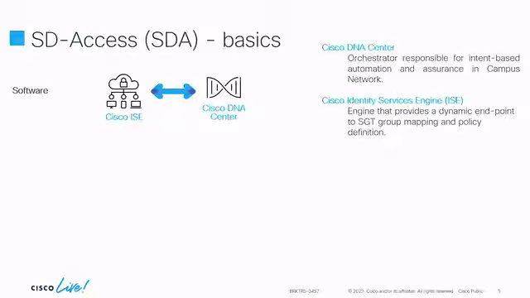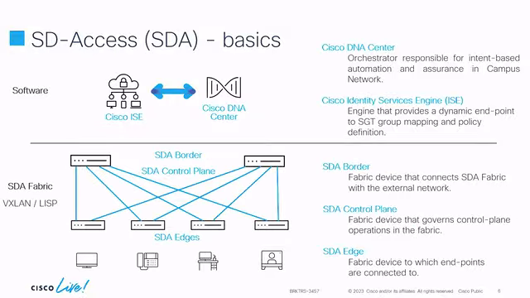This is the software. If we now move to the network, we're mainly talking about Catalyst switches, although we support also other devices. These devices are going to act differently depending on the role we configure from DNA Center. So these devices could be SDA borders, which would be our point of exit to the external world.